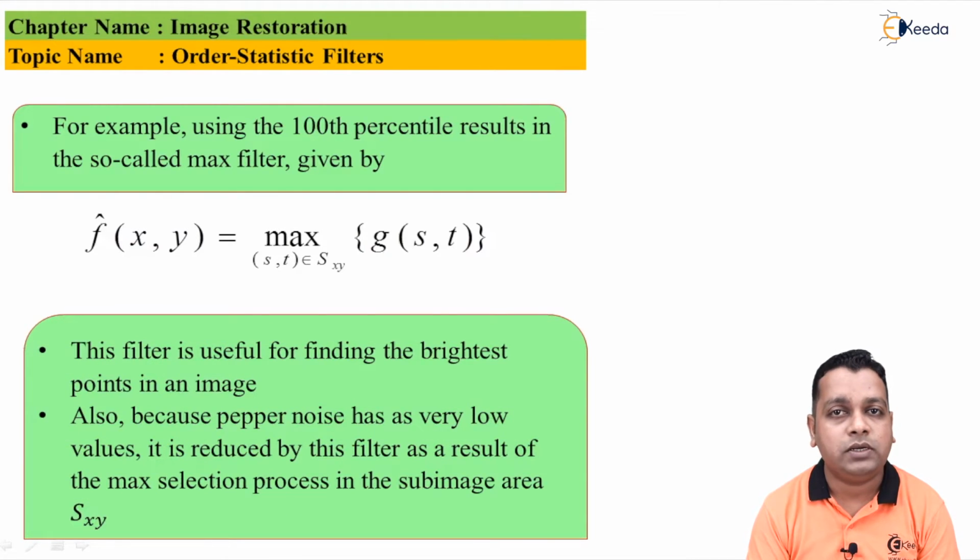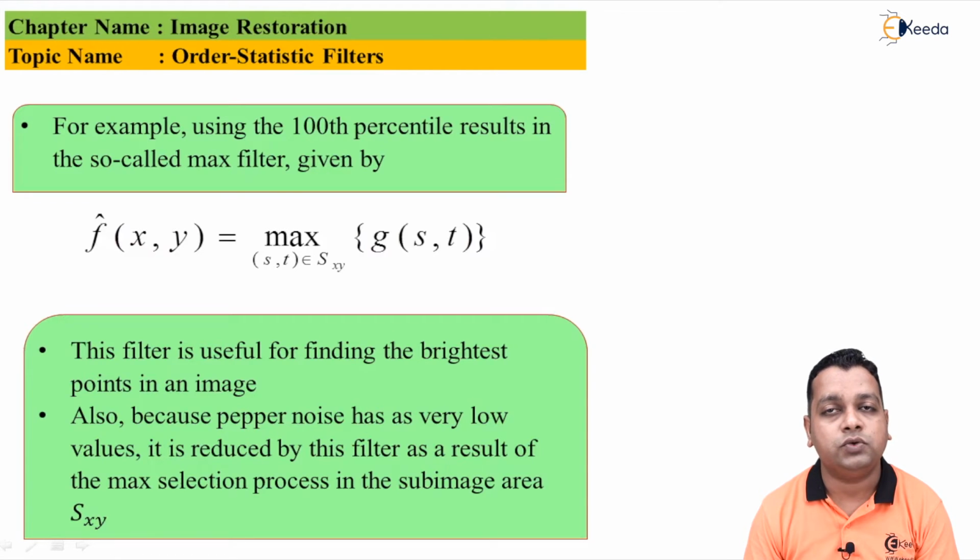This filter is useful in finding the brightest point in the image segment. Also, pepper noise has very low values, so it is reduced by this type of filter, as a result of the maximum selection over the sub image area, that is the neighborhood capital S suffix xy.